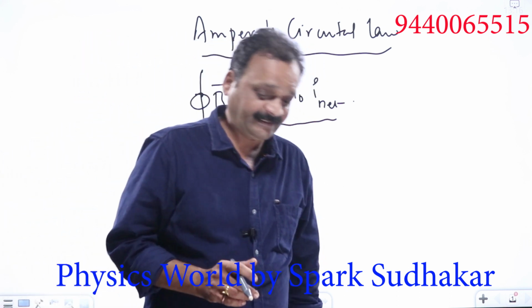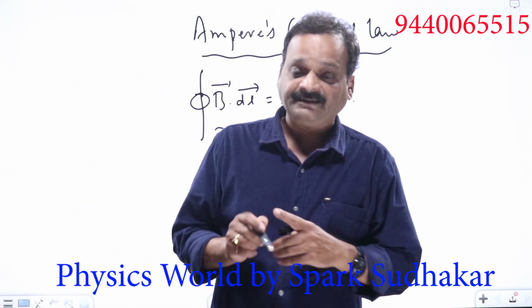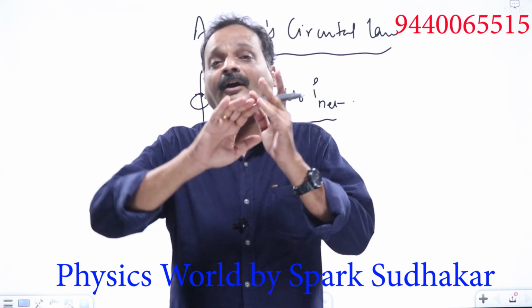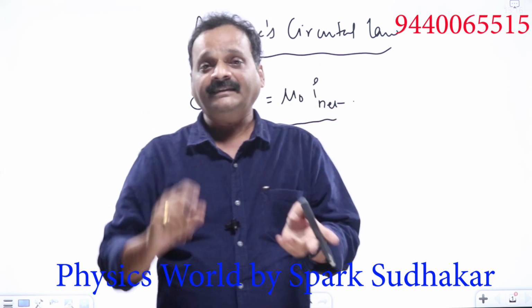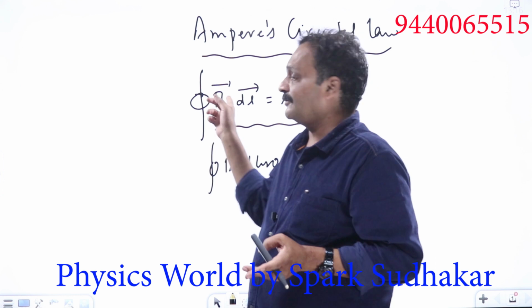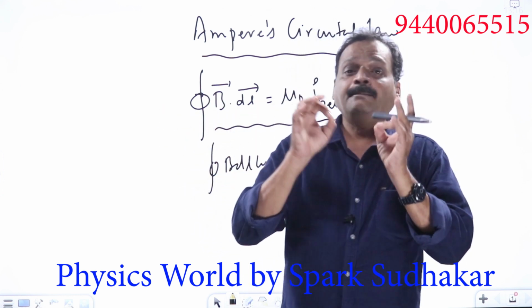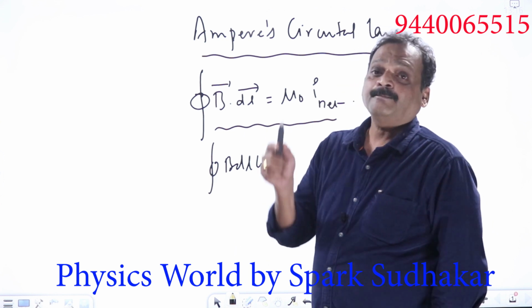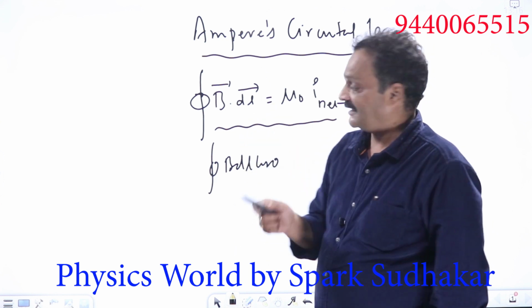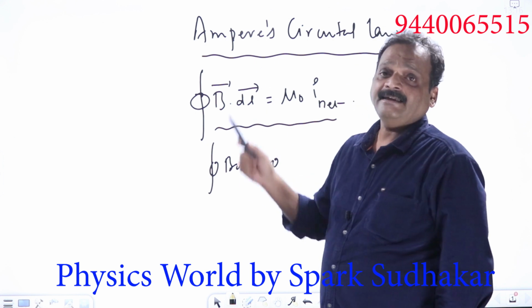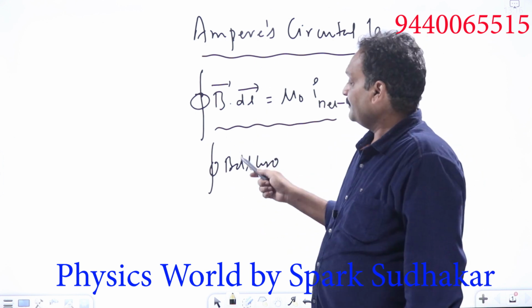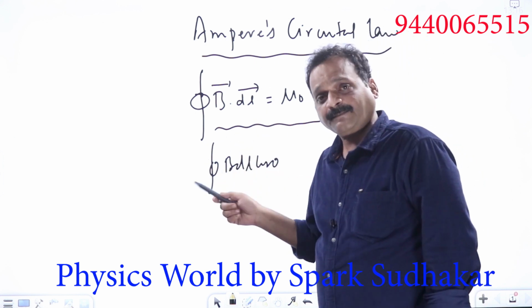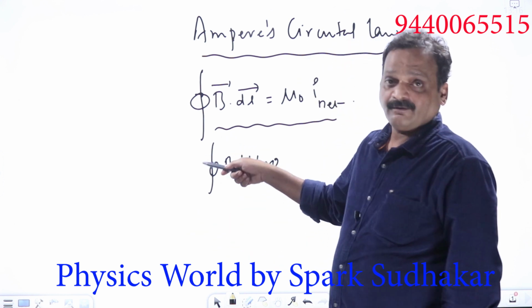What is important, just like in Gauss law in electrostatics, you have to choose a proper Gaussian surface to evaluate that surface integral. Here you have to choose a proper Amperean path to evaluate this line integral. That path should be taken in such a way that the angle between B and dl is known to us. B, if it is constant throughout that path, well and good, or it should be a known value.